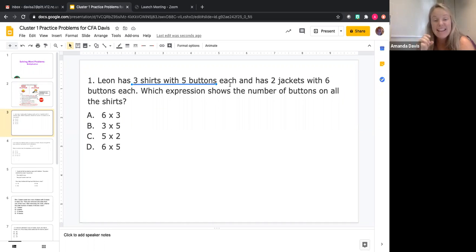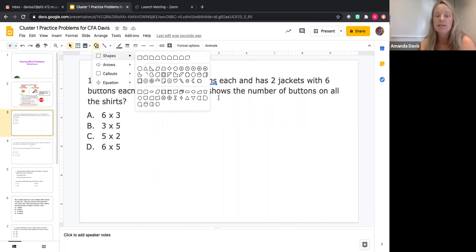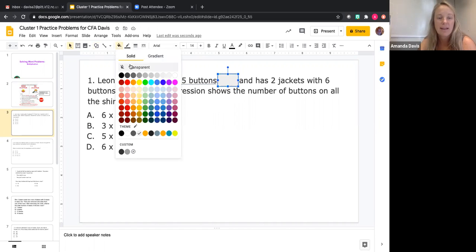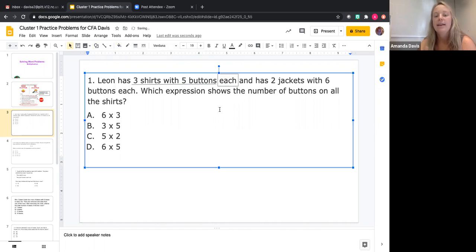Stop. This is a huge multiplication word. Anytime you see this word each, I need you to box it or circle it. It is a good clue that you're going to either be multiplying or dividing. Always box that word each. There we go.